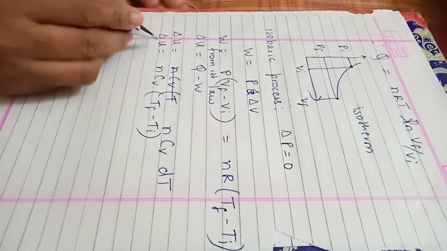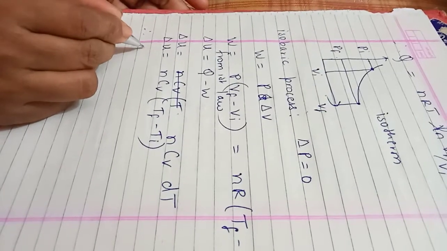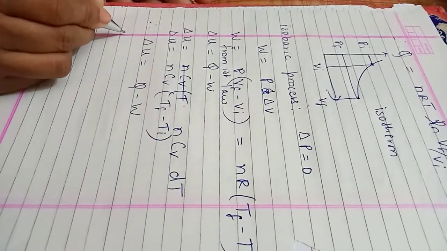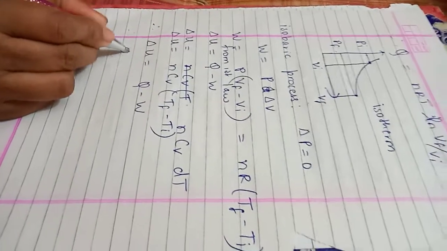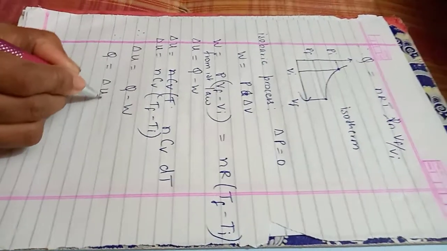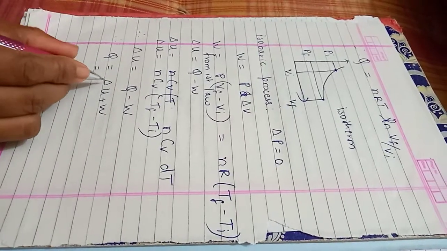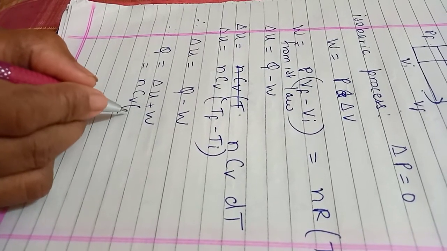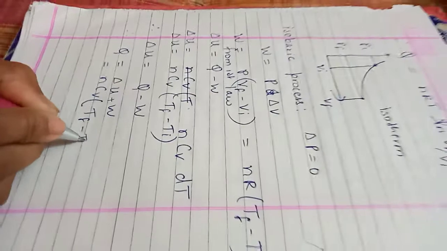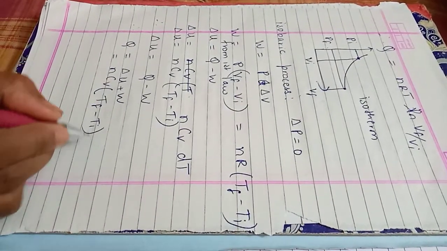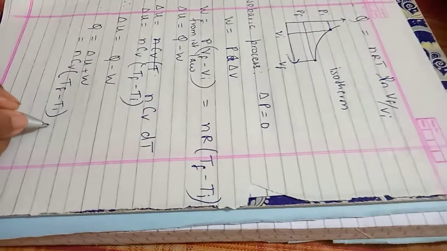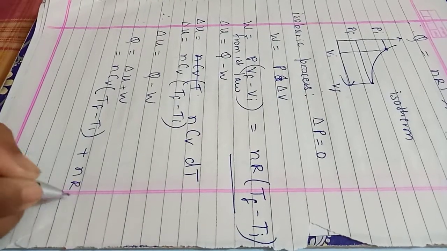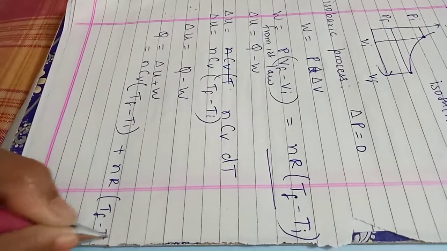Next part. Now, therefore, change in internal energy is equal to what? Q minus W. Therefore, what is Q? Delta U plus W. Delta U is what? nCv, specific heat at constant volume, (Tf minus Ti), plus W. What is W? nR (Tf minus Ti).